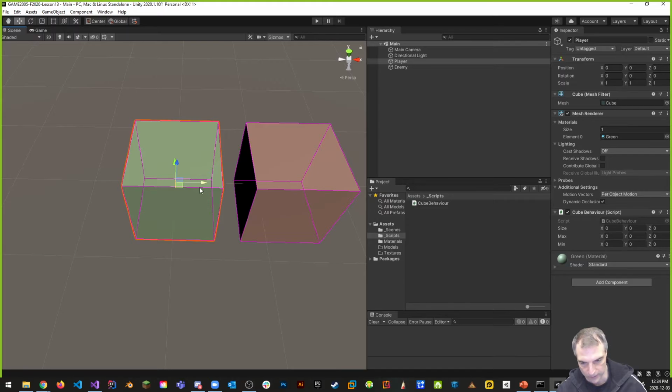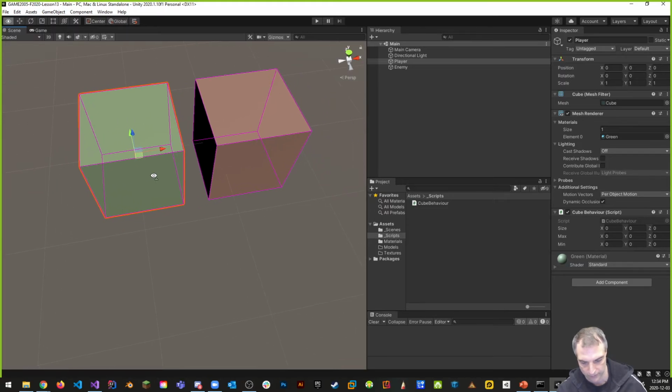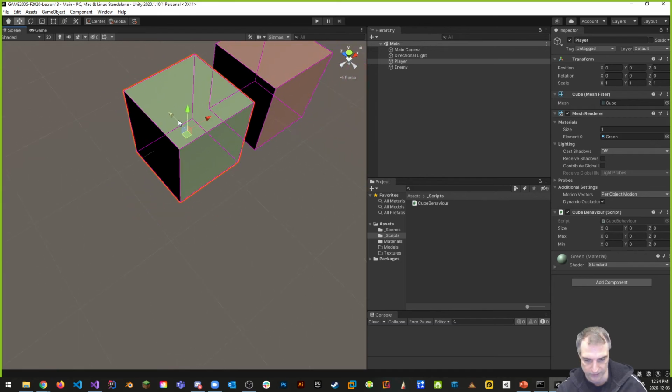And then the next one is 0.5 up from the center. This is 0.5 from the center. So this 0, 0, 0 position is the center of the object, right? Call it the pivot or whatever. So this is from the center up, and from the center to the right, and again, if you think about where the arrow points, right? That's why we're looking at it like this.